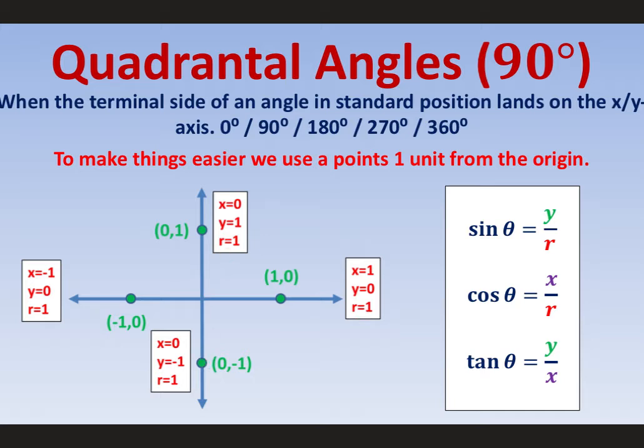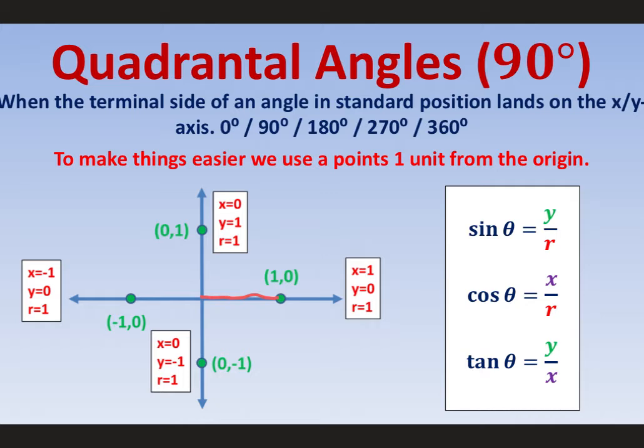For all 4 of these on the quadrantal, because we're 1 unit away, our r value is just 1. So the way you can kind of think about it is, rather than having a triangle, you have an infinitely flat triangle here. It has no y value, it has no height, but it has an x value, a horizontal value of 1, and a hypotenuse of 1. It's just that the height is infinitely flat, infinitely small.